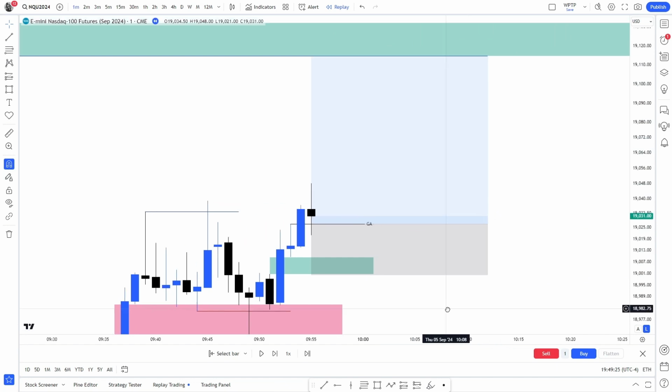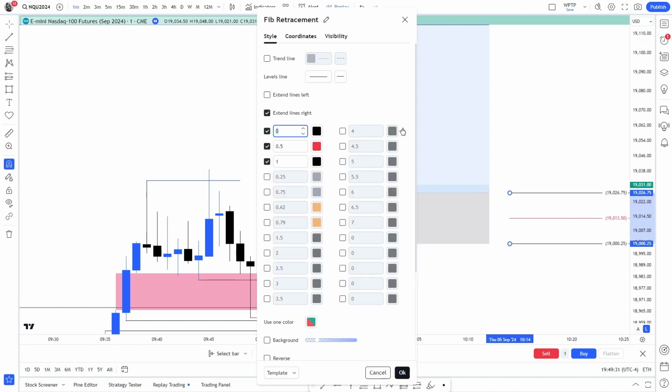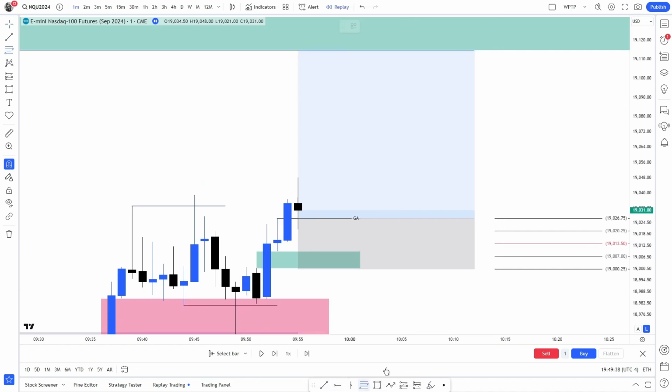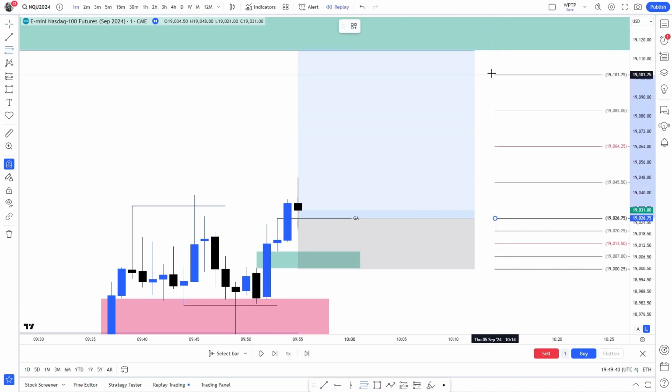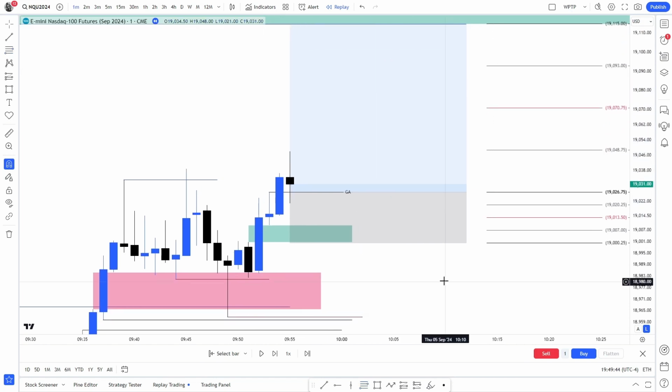So let's manage this trade. So trade management, we'll drop this to here, and then we shall add our quadrants, and this will allow you to manage your trade more effectively at the start of your trading career.